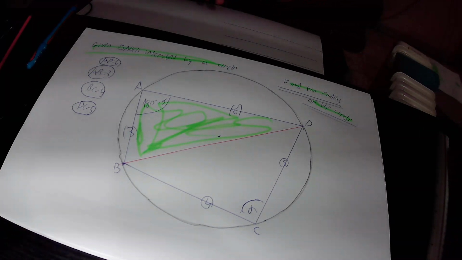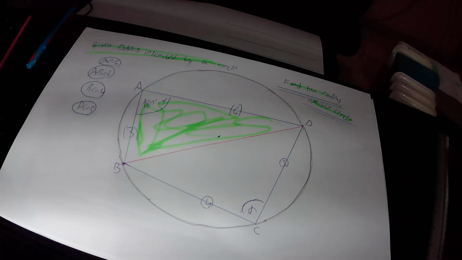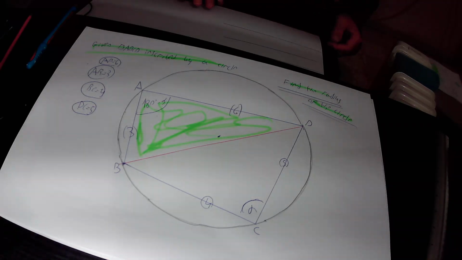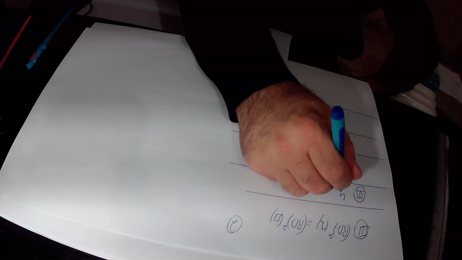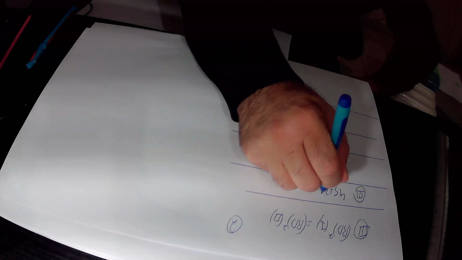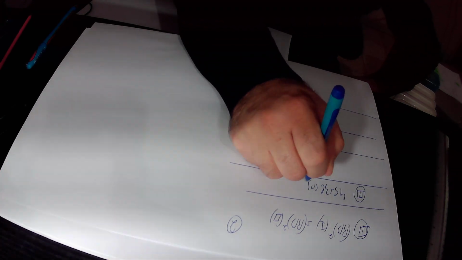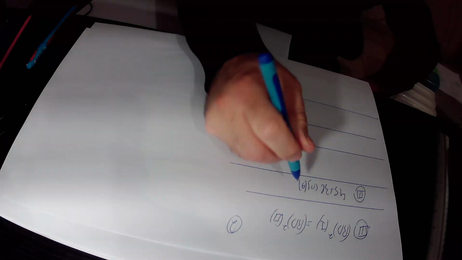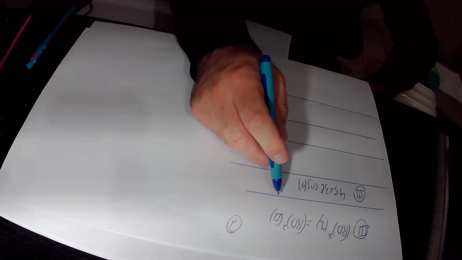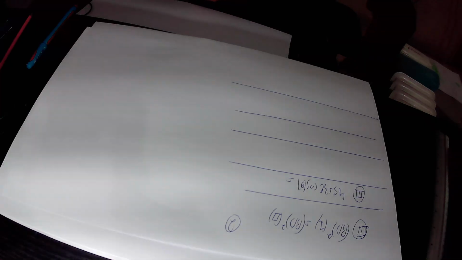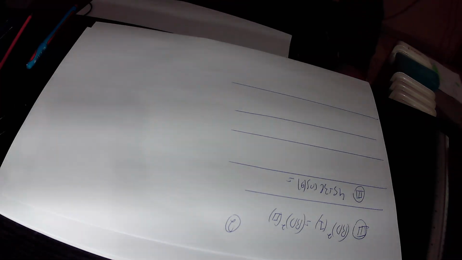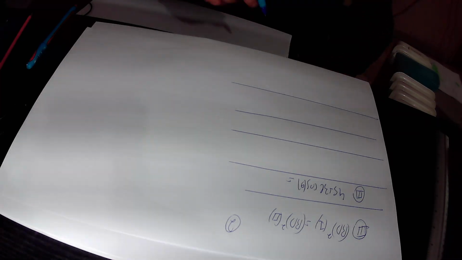BD squared according to equation 1 equals 45 plus 36 cosine alpha, and it must be equal to BD squared according to equation 2, which equals 41 minus 40 times cosine alpha.